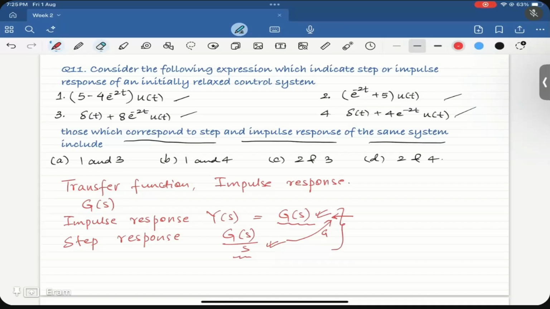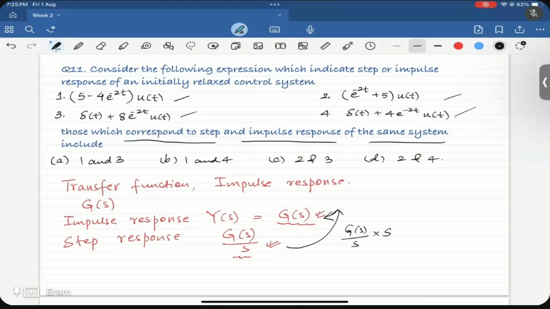Because if I multiply G of s by s with s, I will get the impulse response.